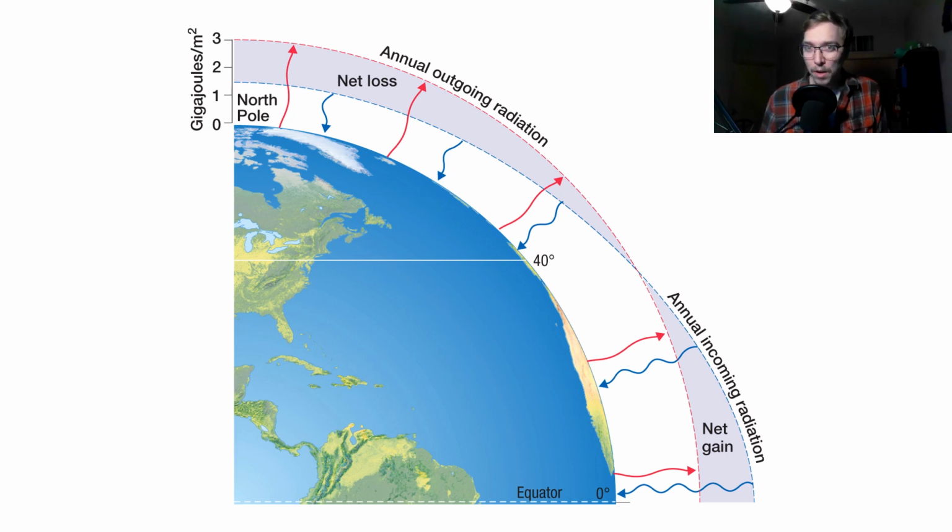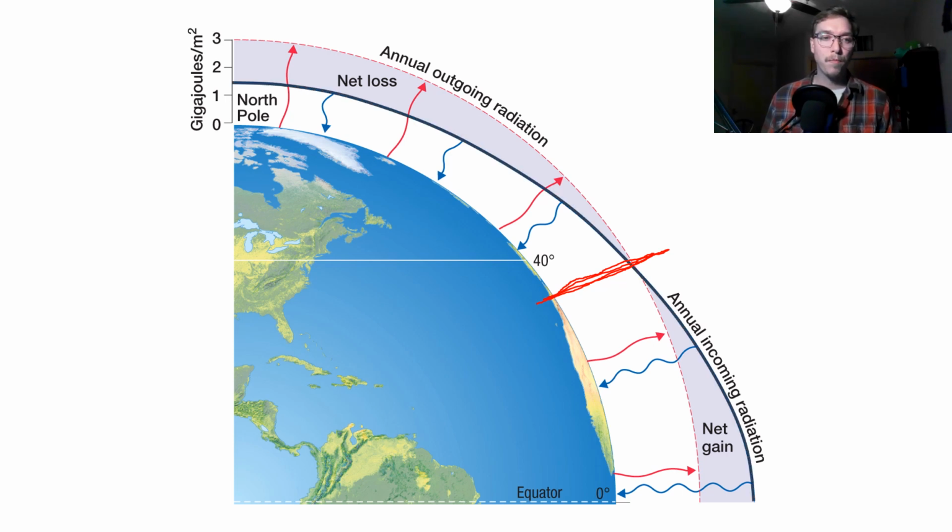But once you hit about 35 degrees north and south, right about this point here, that's where you go from a deficit to a surplus. So here we've got a net gain of annual incoming radiation, all the way down to 35.5 degrees south, where it flips again. You can see that line right there. That's our annual incoming radiation.